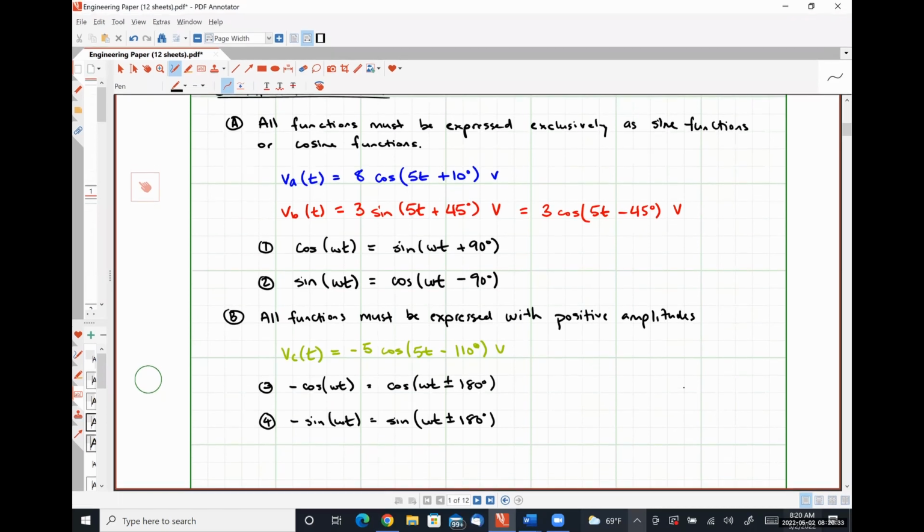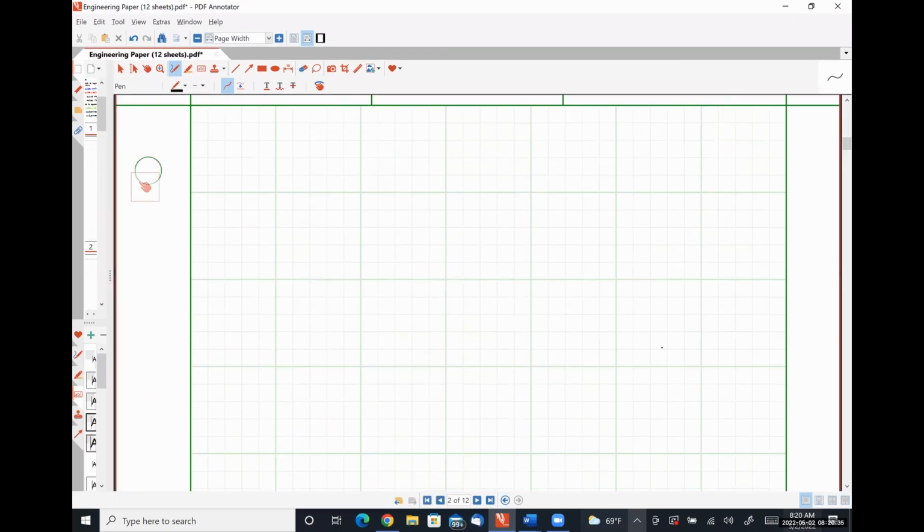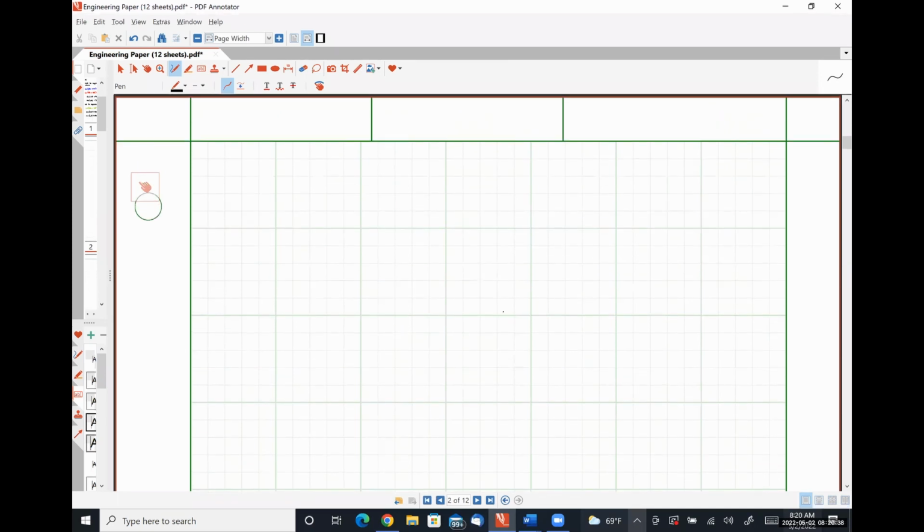Our third and final rule for comparing sinusoids is that all functions must have the same frequency. I'm going to put here omega or f, so they all have to have the same angular frequency or they all have to have the same linear frequency.